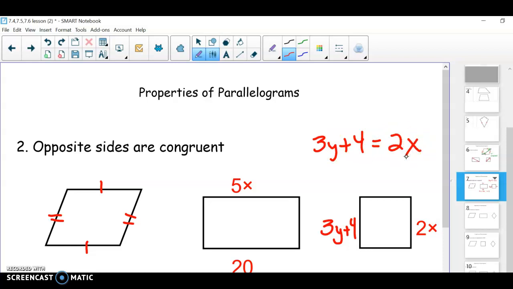No, I can't. So how is this going to work? Well, I would have to know something about maybe the other sides. So maybe this side is 12.